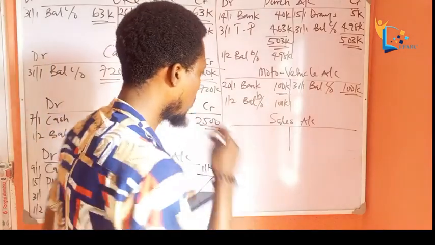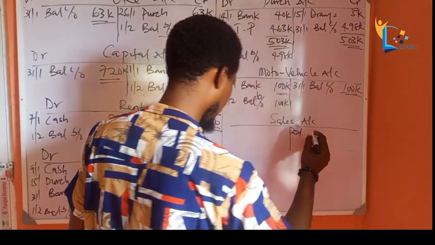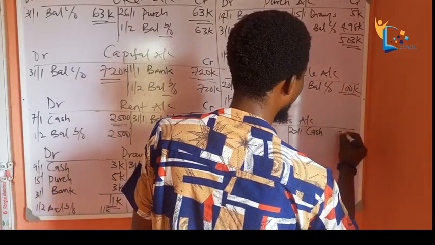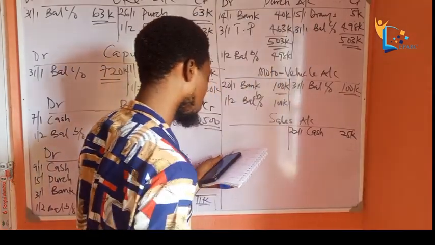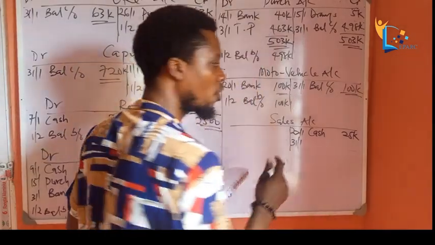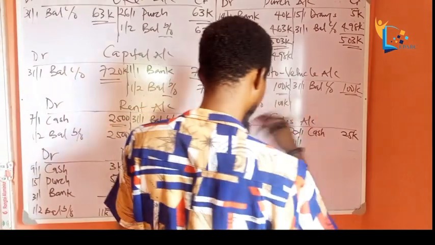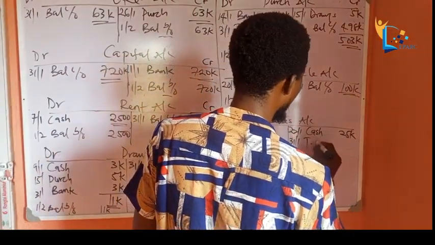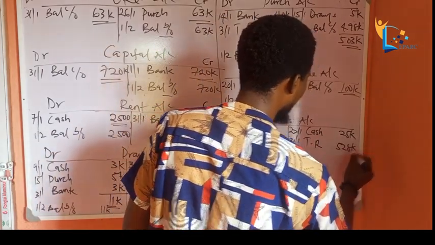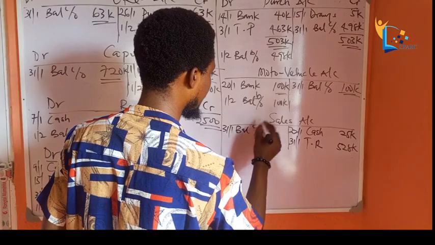Okay, let's proceed. So sales account, we have on the 22nd of January, we sold goods worth 25,000, that is 25k. Then on 31st, the total on the sales day book, just like we did in the purchase day book, we have trade receivable, which is 528k. So 31st, we have balance carried down.